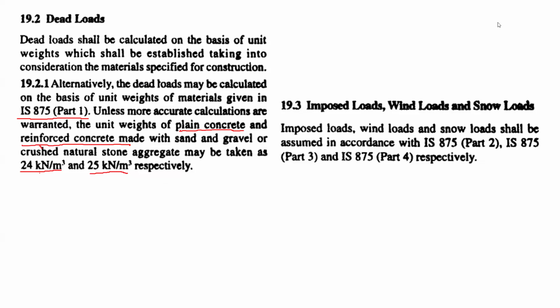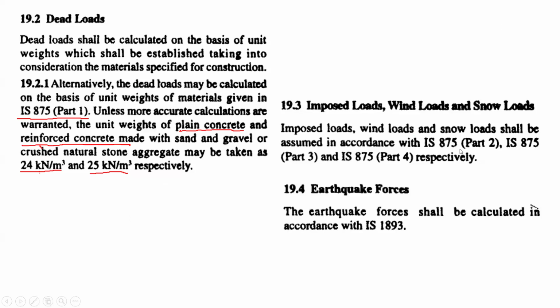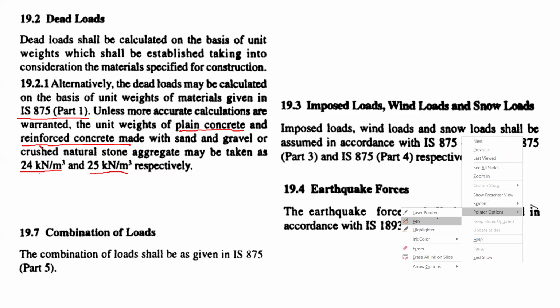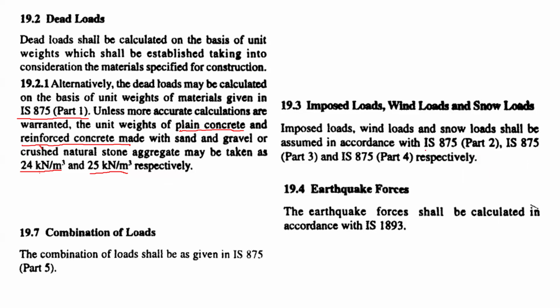So IS 875 part 2, if we go to wind loads, then we have part 3. We have mentioned it over here. IS 875 part 2 is for imposed load.